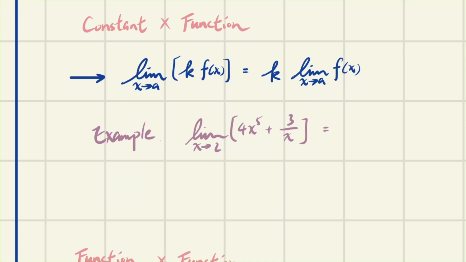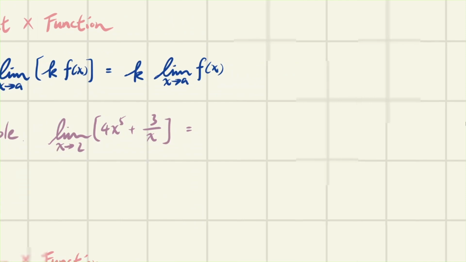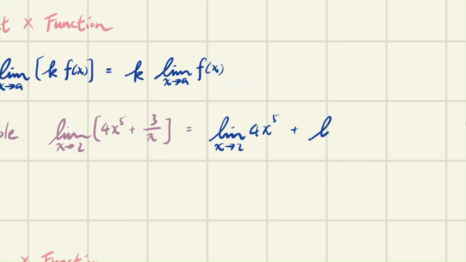Firstly, we can do the addition first. We will get the limit as x approaches 2 of 4x to the power of 5, plus the limit as x approaches 2 of 3 over x. Then without pulling the constant out, we just put the values inside.